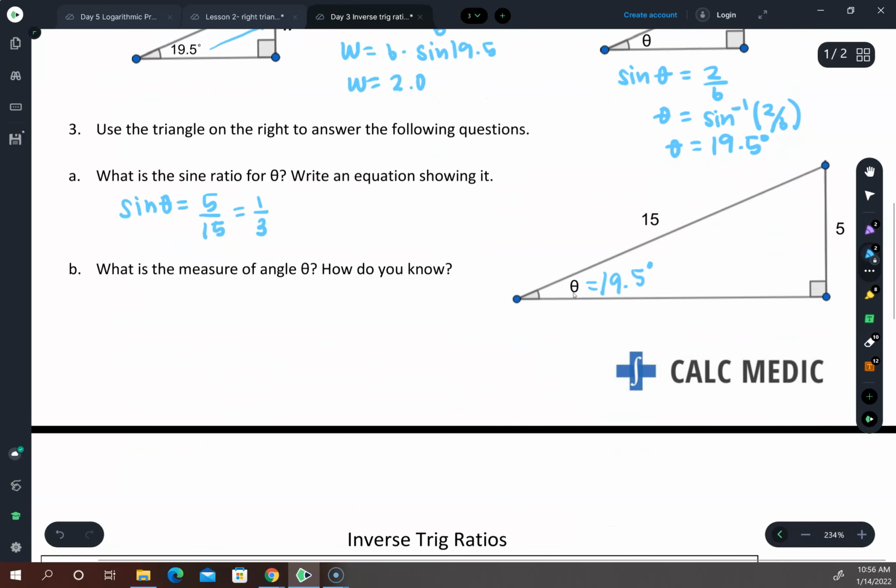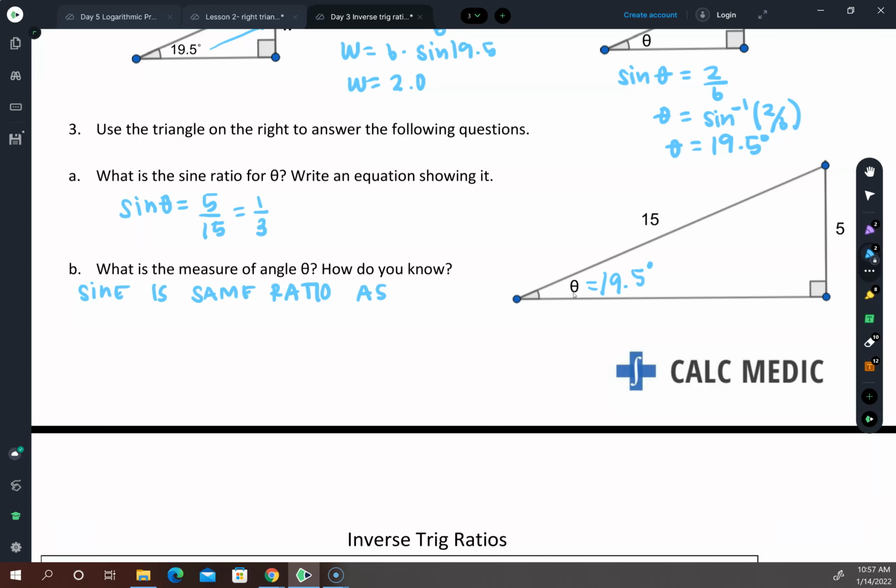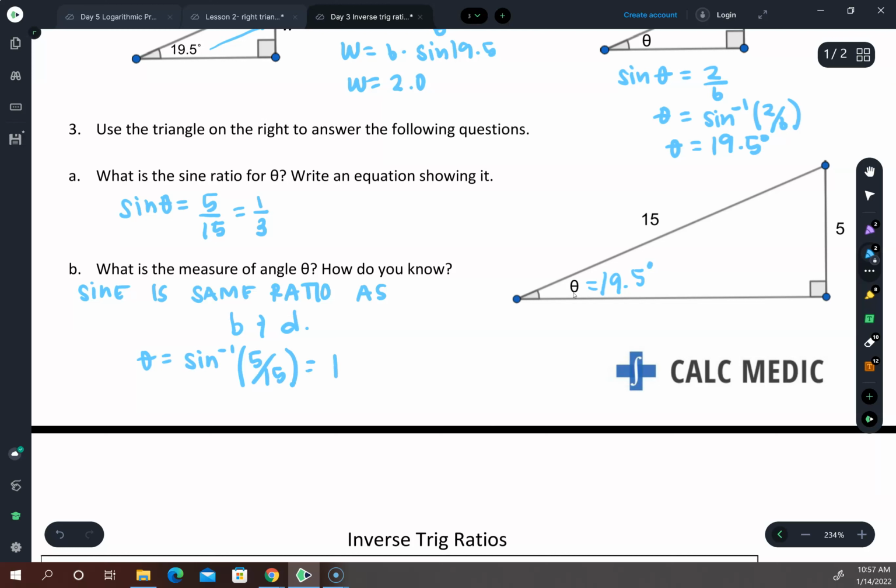So sine is the same ratio as, what was that, B and D. But if you plug in your calculator, you would say what? Theta would be inverse sine of that ratio 5 over 15, which is going to be 19.5. Alright.